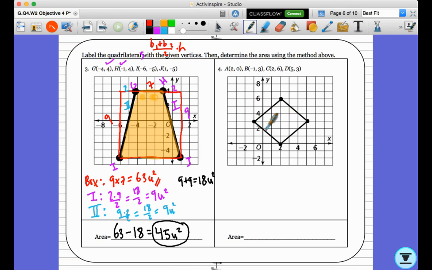So here, I'm going to do the same thing and label them. So 2, 6, this must be C. This must be 5, 3, so this is D. This is 2, 0, so this is A. And then this is -1, 3, so this is B. Same thing. I'm going to go ahead and do the box.